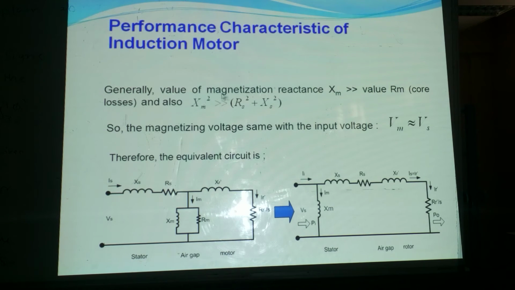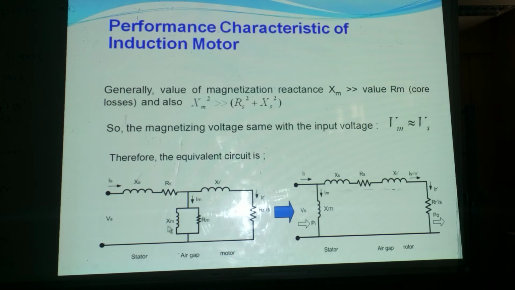Now, generally the value of magnetizing reactance Xm is very much greater than Rm, which gives the core losses. So Xm is very much greater than Rm, and also Xm square is very much greater than the stator components, Rs square plus Xs square.